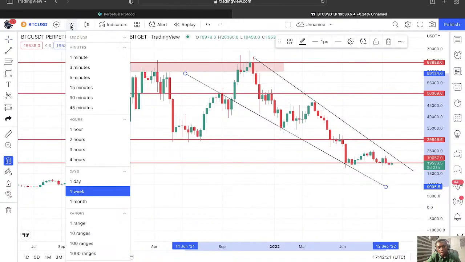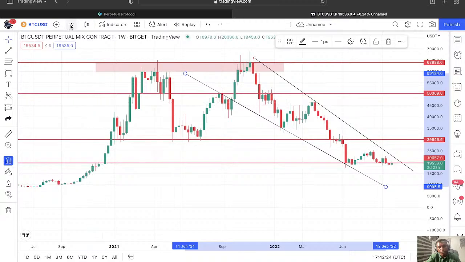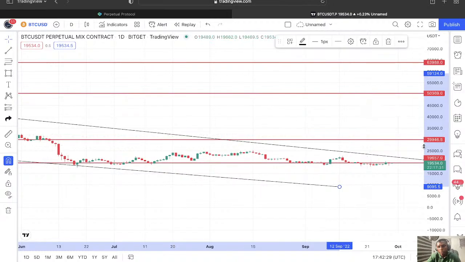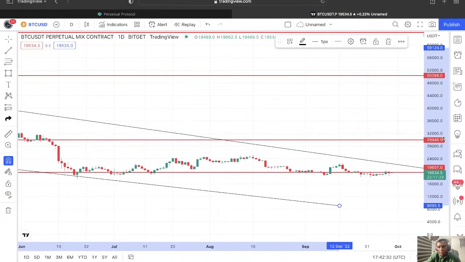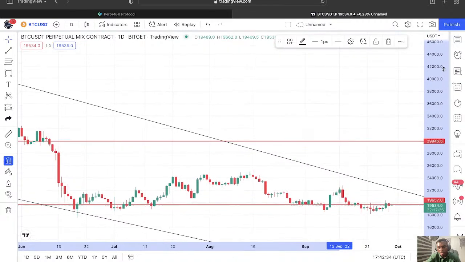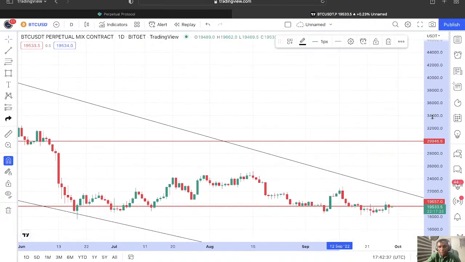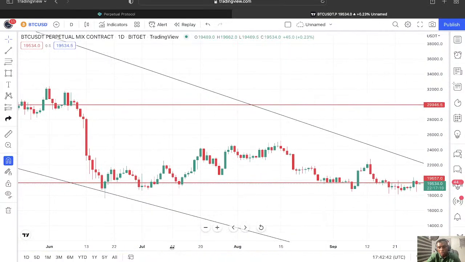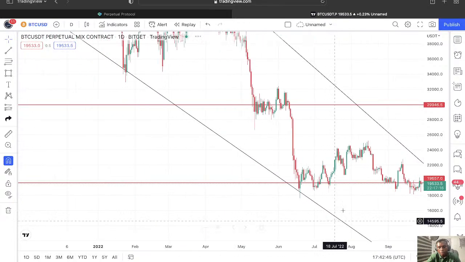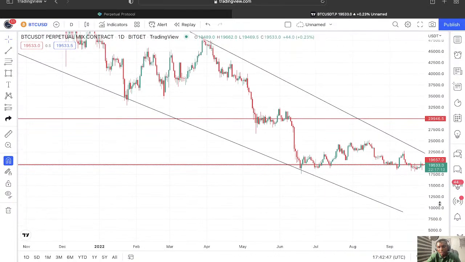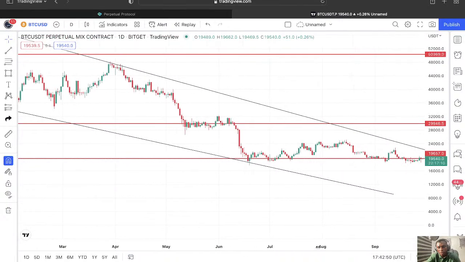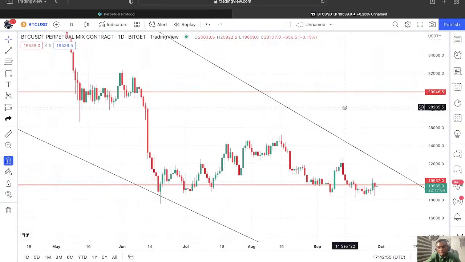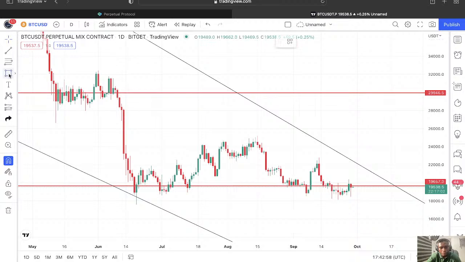So let's look at the daily time frame. If you look closely at the daily time frame, I am laughing because of what I'm seeing on the BTC chart. Look at this region.